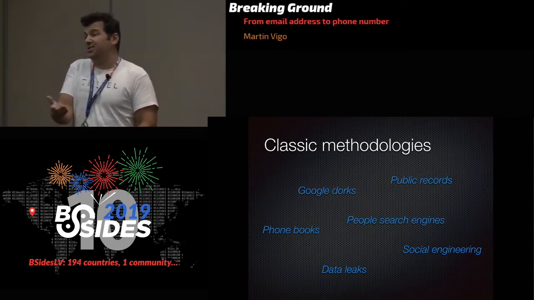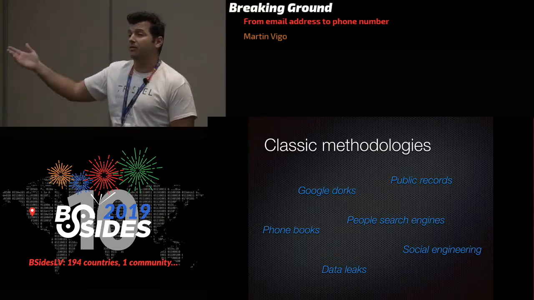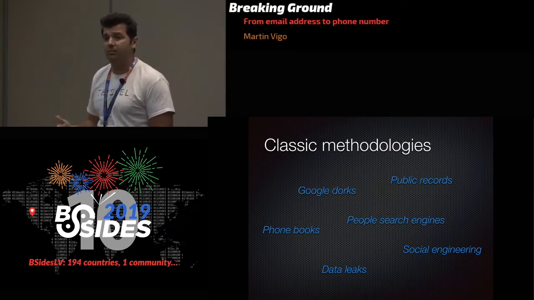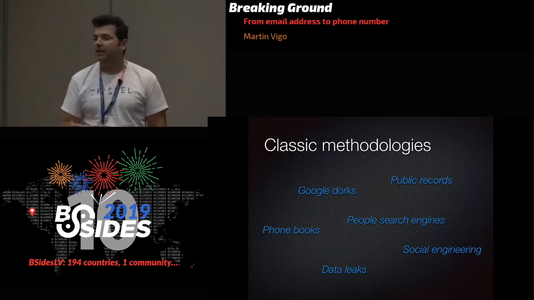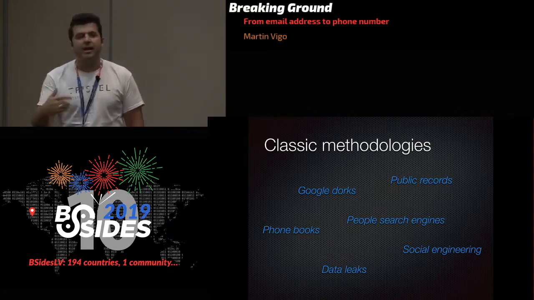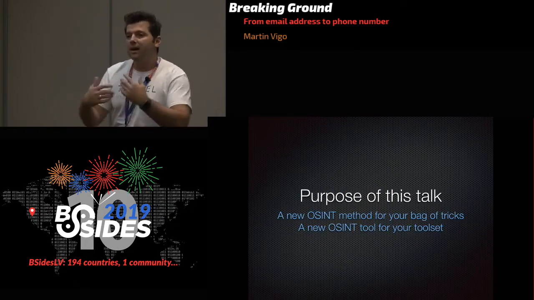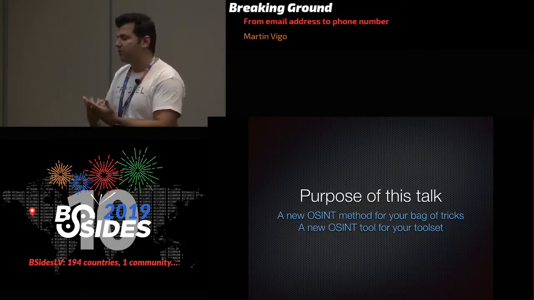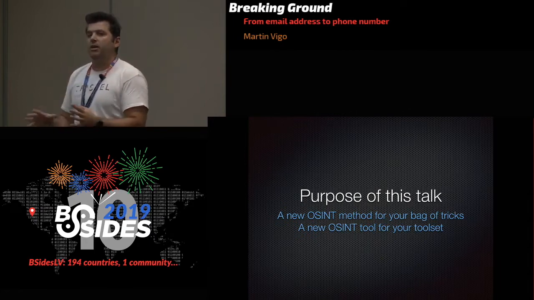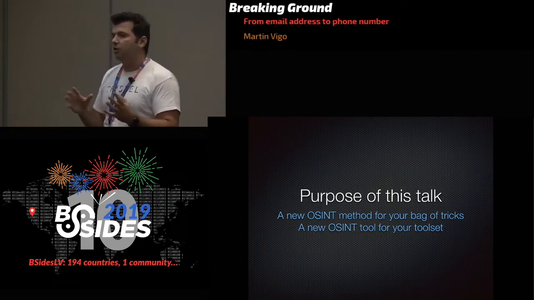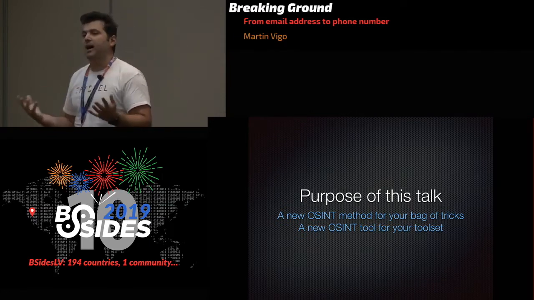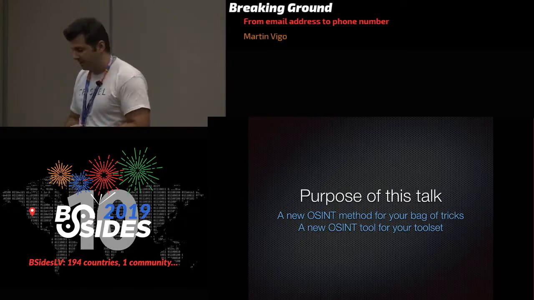People search engines, the straightforward ones, right, the Spokeo or PeopleFinder or any of those. You put in an email address, you get the phone number. Data leaks, social engineering. So there are a number of techniques. So the purpose of this talk is just giving you another technique, just for professionals, for red teamers, because none of them are bulletproof. So you want to have a lot of tricks in your bag, and you want to have a wide range of tool sets.